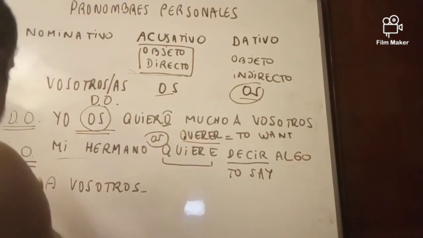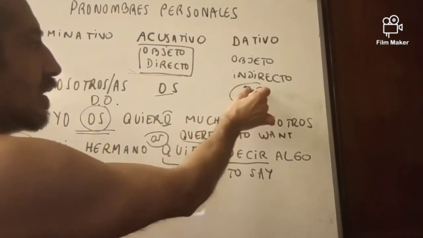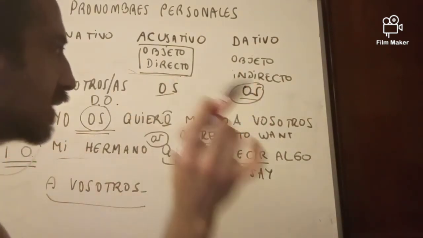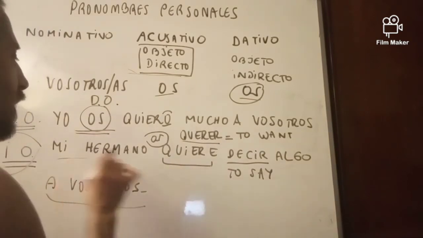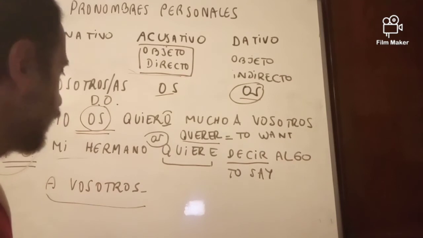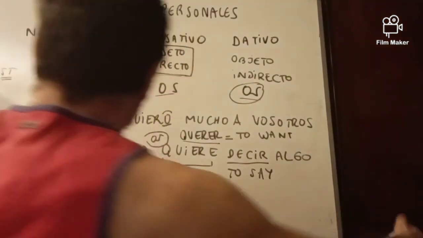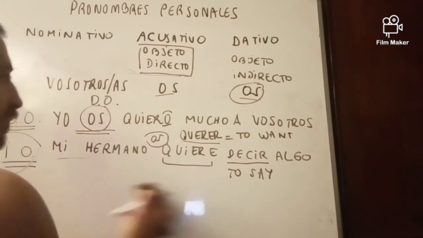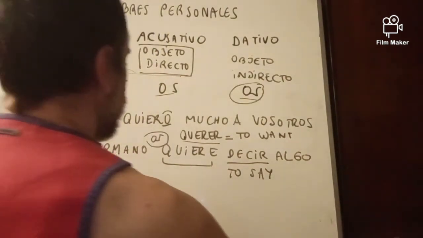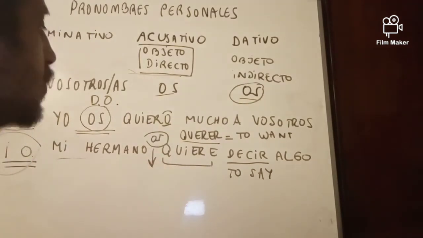Now we are going to change this a vosotros for the indirect object pronoun. What we have to do is reverse the order and say: mi hermano os quiere decir algo. Mi hermano os quiere decir algo.